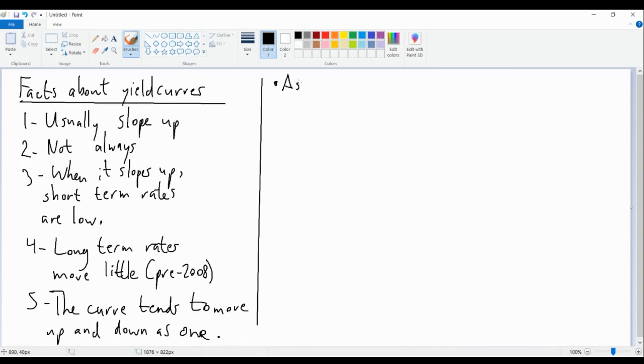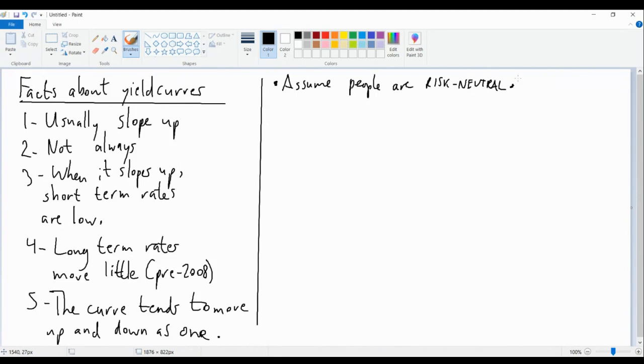So we're going to assume people are risk neutral. What does that mean? It means they don't care about risk. It means that they only care about expected values. So a risk neutral person or a risk neutral entity would not care between the $1,000 for sure and $2,000 if you flip a coin.